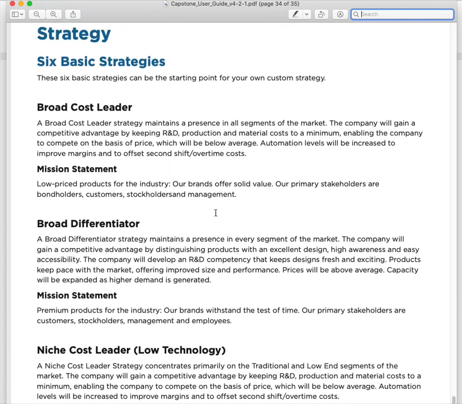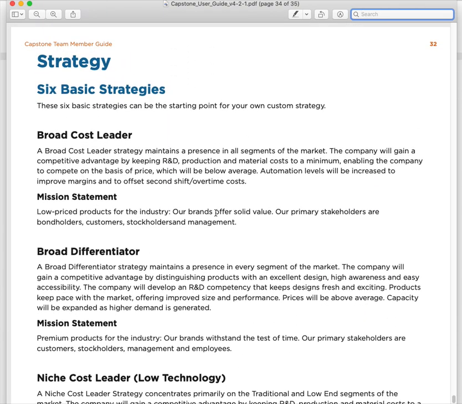If you have a company, you cannot really focus on everything, right? You have to have your selling point, you have to have your strategy. So what strategy does your team want to use? You can go over these 6 basic strategies and pick the ones your team really wants to go for.